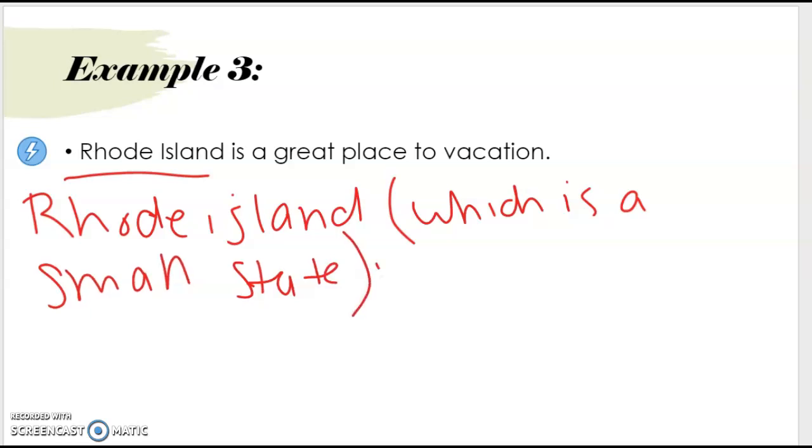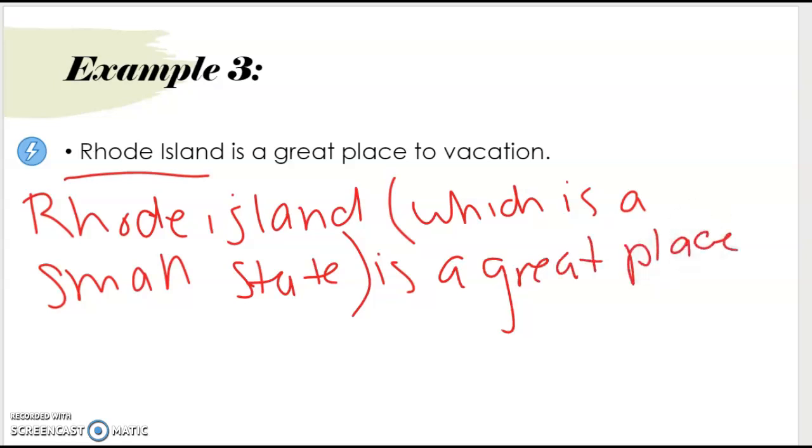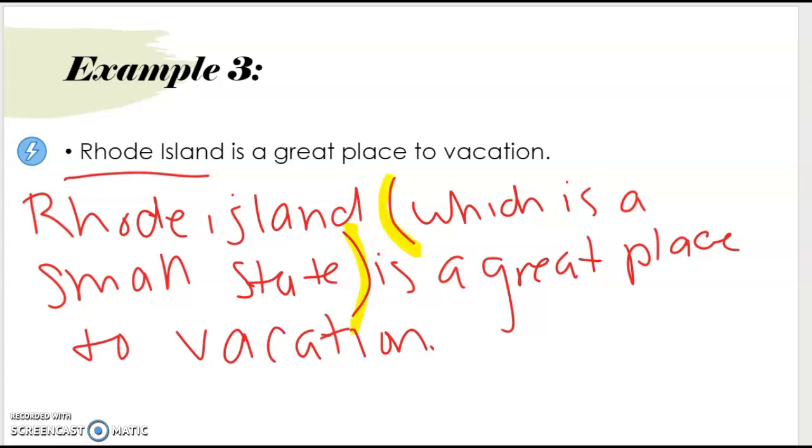And parentheses, is a great place to vacation. Okay, once again, we have our parentheses, we have our extra information, and if we took it out, it would take us back to the same sentence we had before.